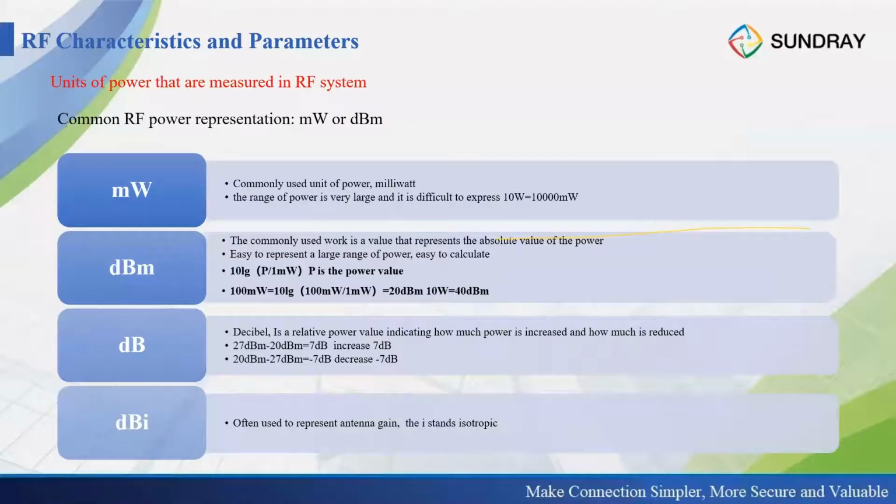Okay, here are the units of power that are measured in the RF system. We usually use milliwatts, the symbol is mW. For example, our indoor AP, the signal is 100 mW.